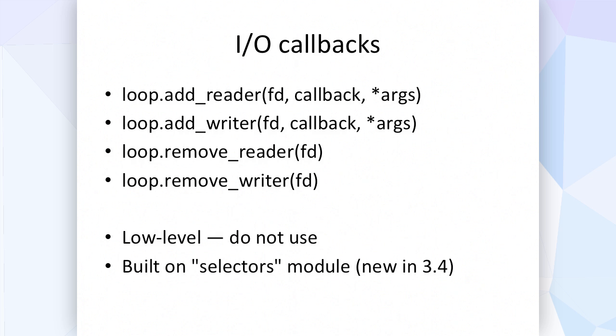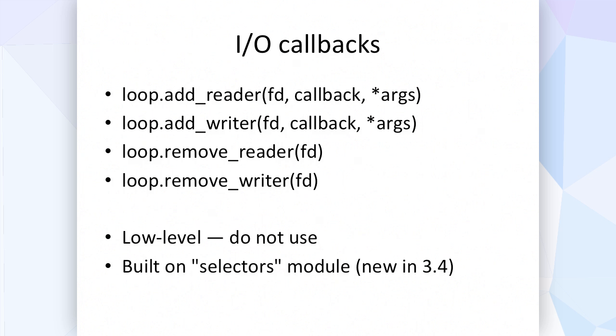If you're writing a transport, and that's really the only time you should be using these APIs, you can say, for this file descriptor, when it becomes ready for reading or writing, call this callback with these arguments. Reading and writing are treated separately. There can only be one handler or callback per file descriptor for each direction. You can remove them by specifying the file descriptor. So do not use this otherwise.